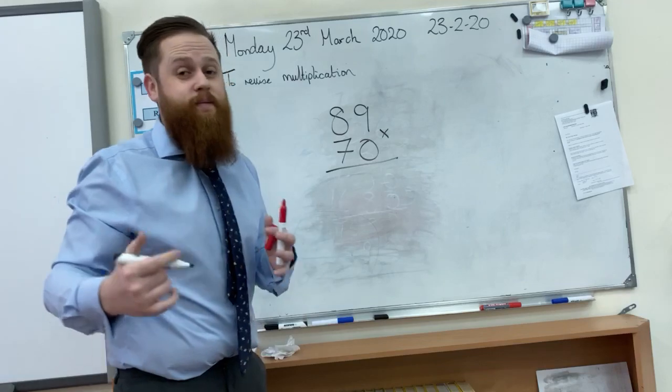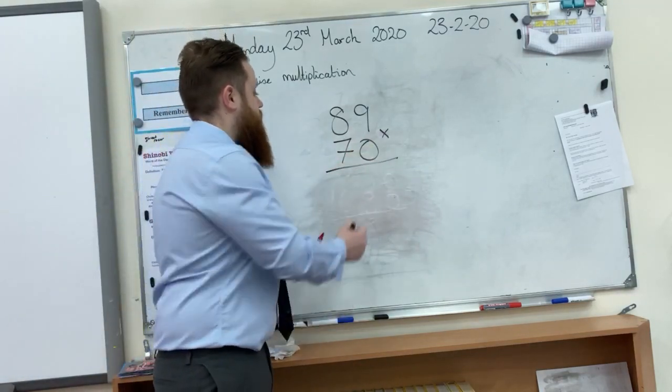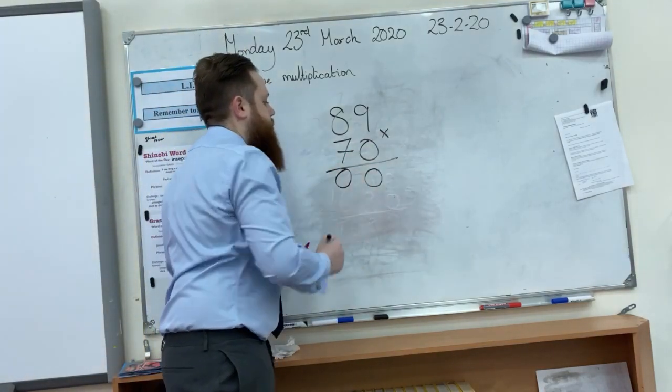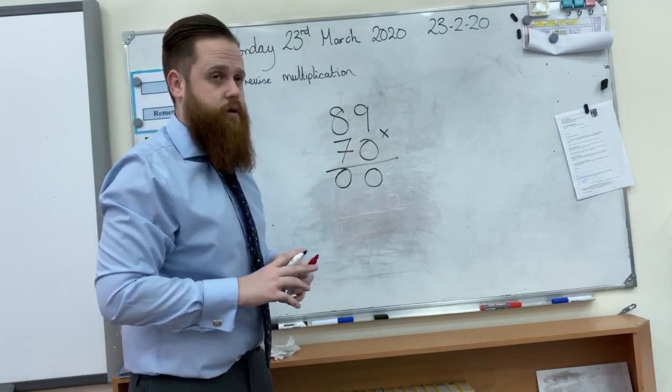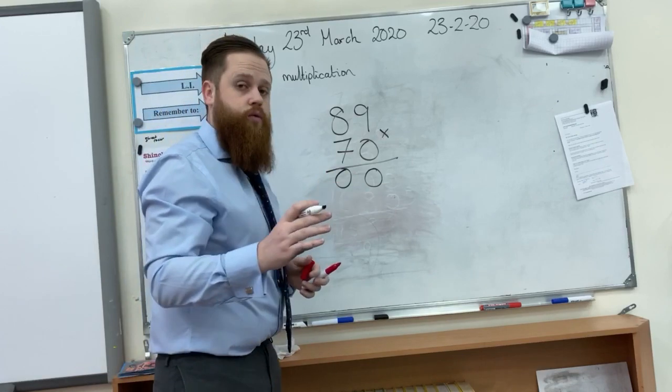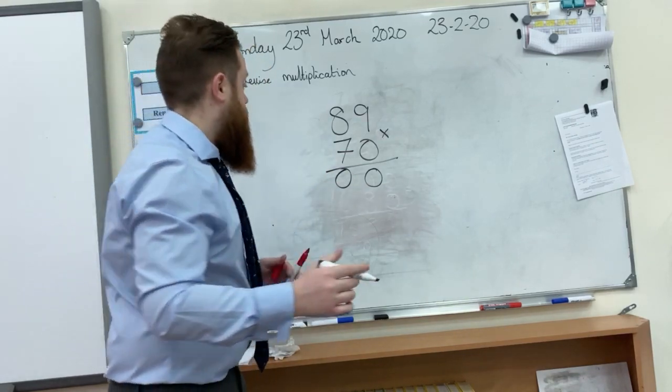Straight away, I know times 0 to start with is going to lead me to the answer here. Times the 7, it's in the tens column, so it's 70. Remember, golden rule, the place value holder.